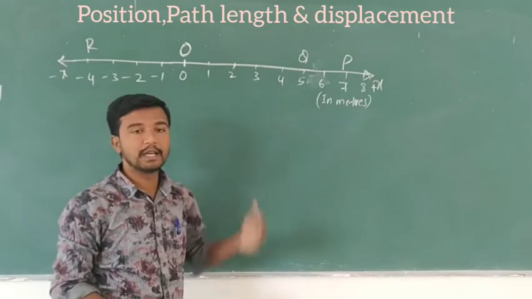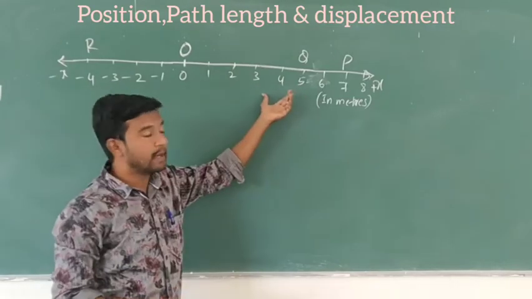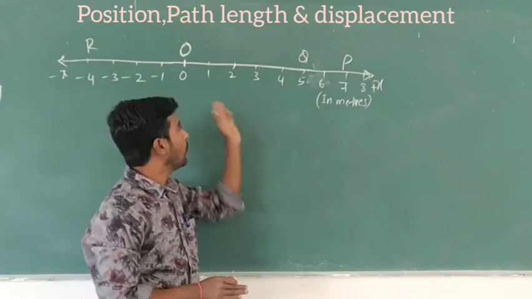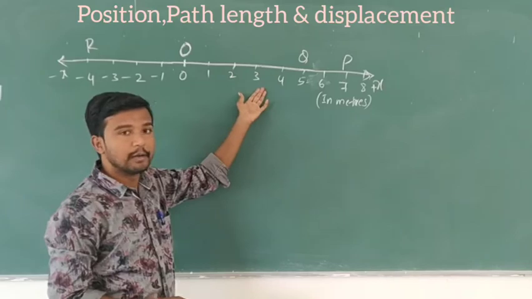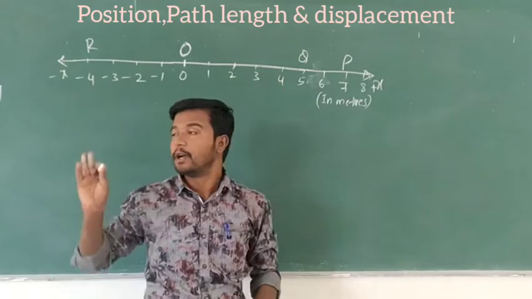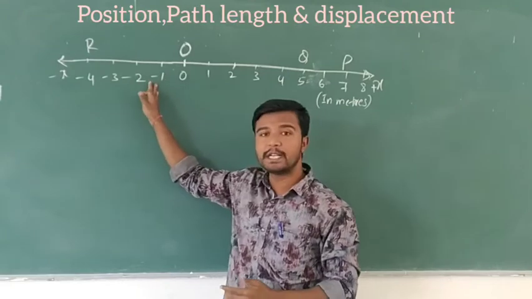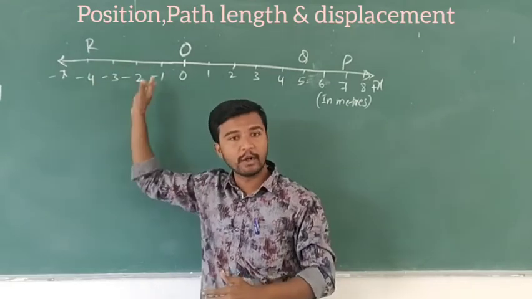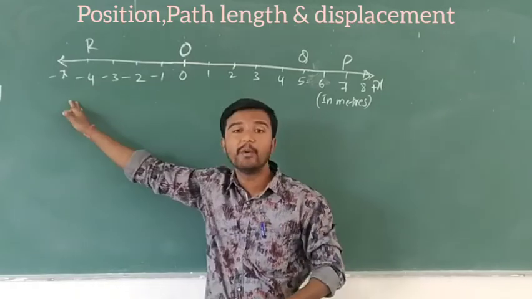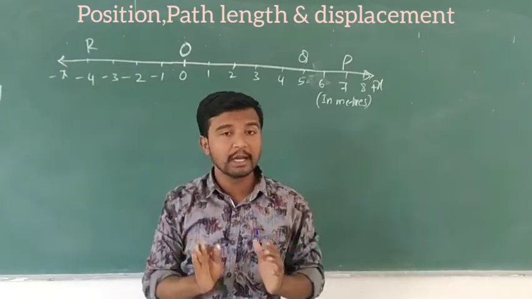These values are in meters: 1 meter, 2 meters, 3 meters, 5 meters, the positive values. To the left side of the origin, all values are negative, meaning the negative x-axis. Got it?